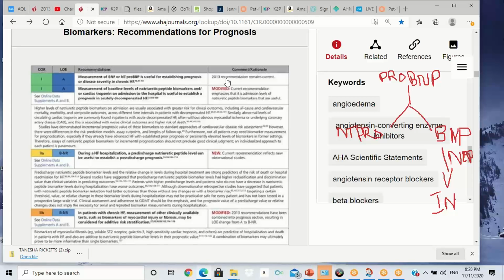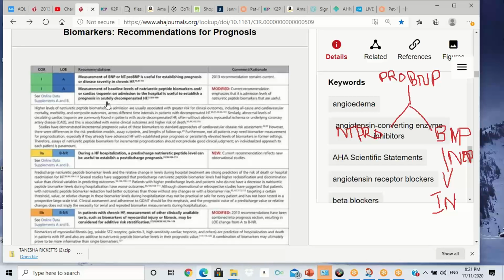That is from 2013 and still stands, but it is modified in 2017: measurement of baseline level of BNP or other cardiac biomarkers such as troponin on admission is useful to establish a prognosis in acutely decompensated heart failure.